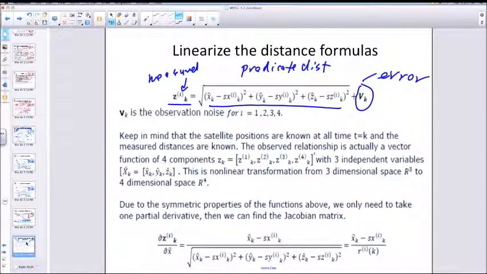Well, now how do we get the Jacobian? i equals 1, 2, 3, 4. You have 4 of those functions.